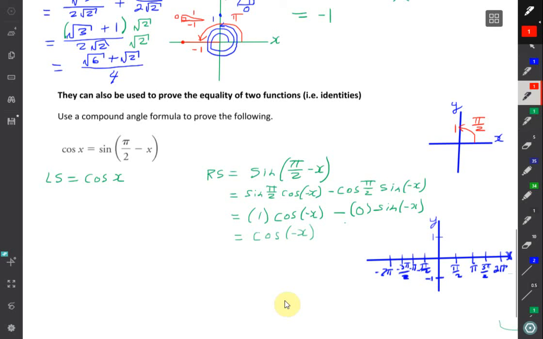Drawing this, what we get is a cos starts at a maximum, axis, minimum, axis, maximum, and same on the other side, axis, minimum, axis, maximum.